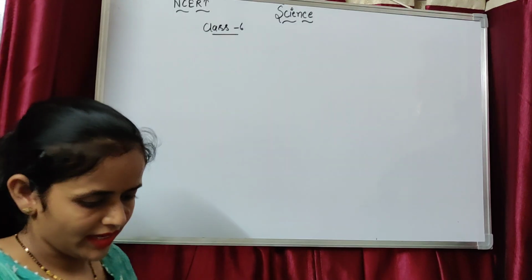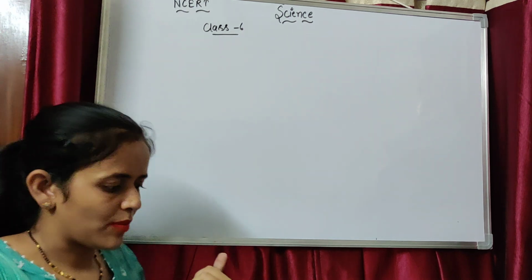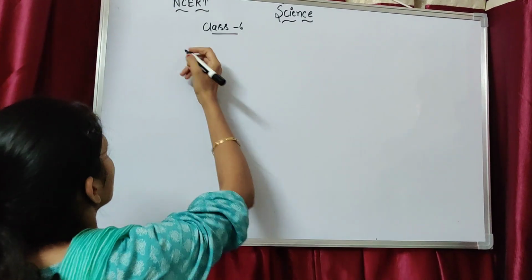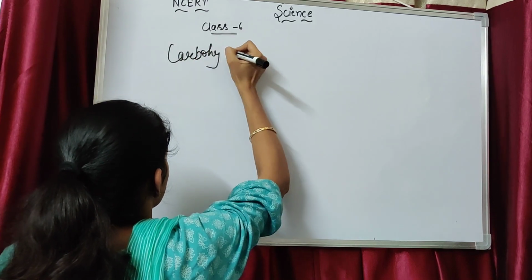Okay, so next is carbohydrate, protein, vitamins, minerals. Clear? Now we start with it in detail. First is carbohydrate.